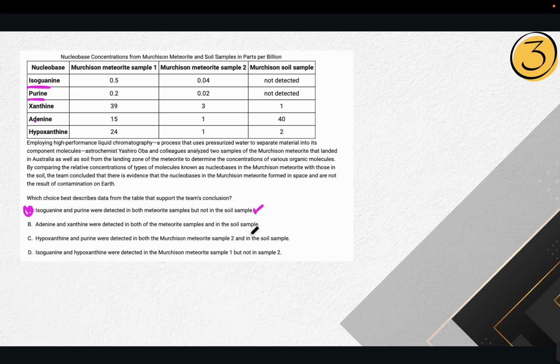Okay. Isoguanine and hypoxanthine were detected in the Murchison meteorite sample, but not in sample 1 or sample 2. So this is incorrect, it is detected in both. Let's move on.